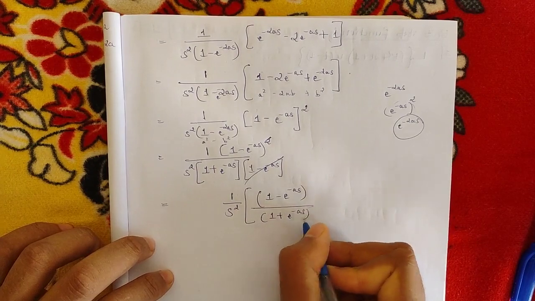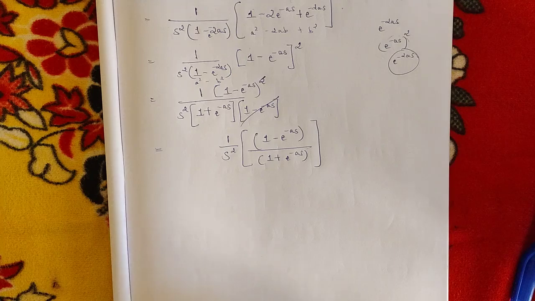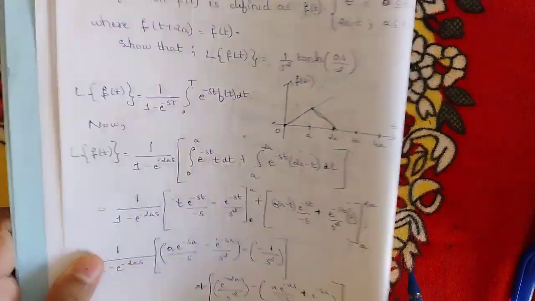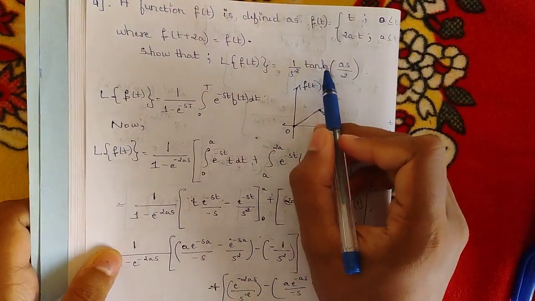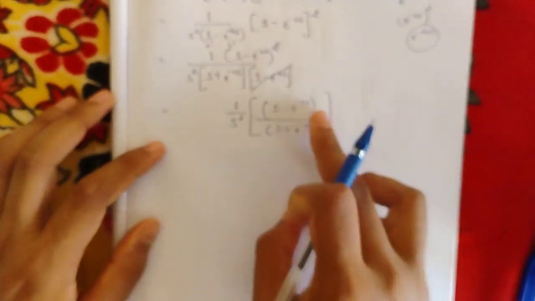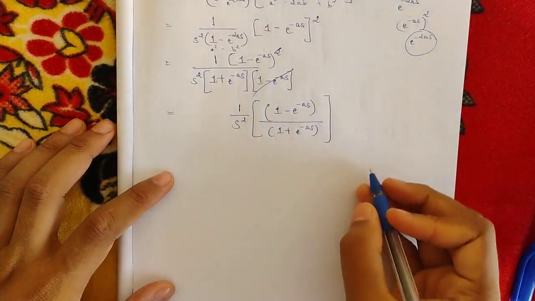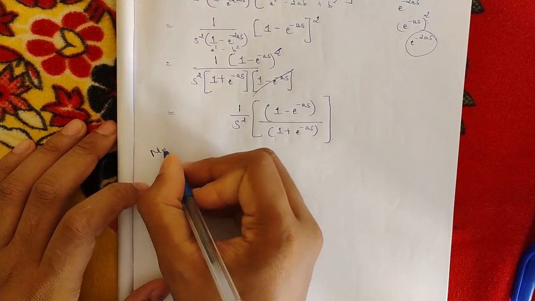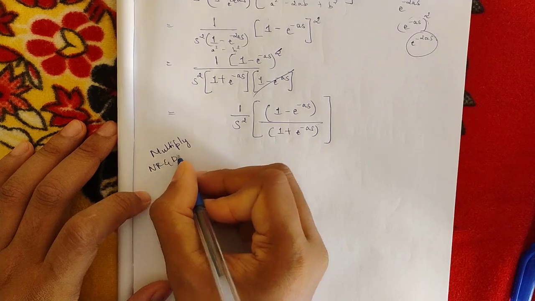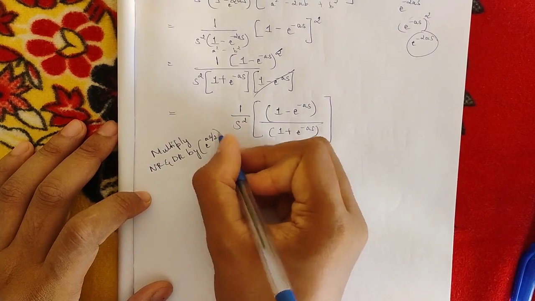Now again, multiply numerator and denominator by what is mentioned in the question, that is tan hyperbolic of as by 2. So in the bracket, multiply numerator and denominator by e to the power as by 2.